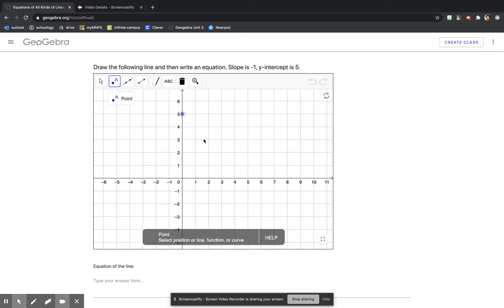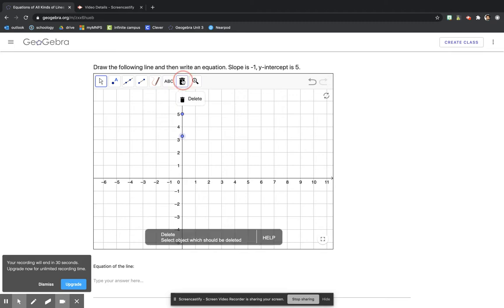So I'm going to make another point that is down 1 unit and 1 unit to the right. And once I have my 2 points, I can use my line tool to make my line.